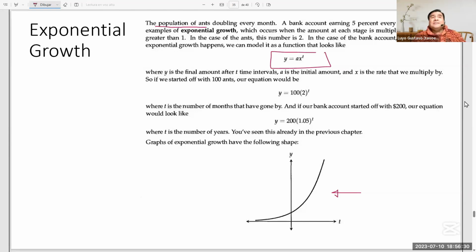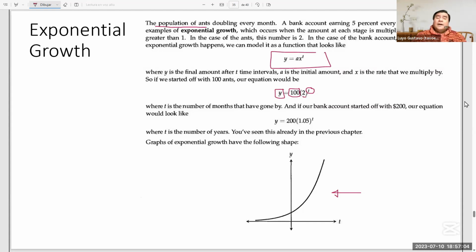For example, we talk about the population of ants. Imagine that we start with 100 ants and the ants double every month. So this here is the factor by which we multiply the ants every month. This is the number of times that we would do that. And this represents the final population after t periods of time.